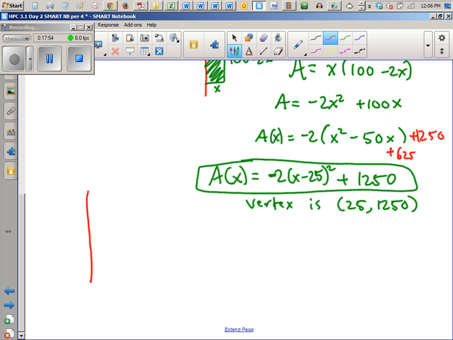So we have the barn, and we've determined now that when this is 25, and of course this is 25, and if he uses the rest of the fence for this vertical side, this gives him the most possible area. So he knows now that 25 is the best length for x. We call that the optimal length. Okay, so basically it works like this. If x equals 25, the playpen has the largest possible area.